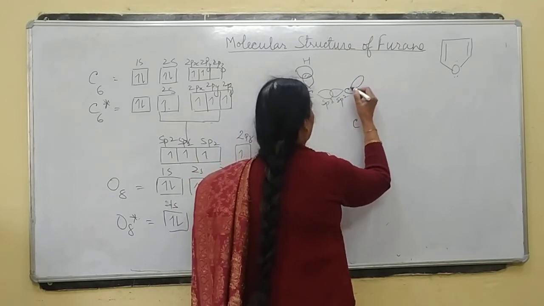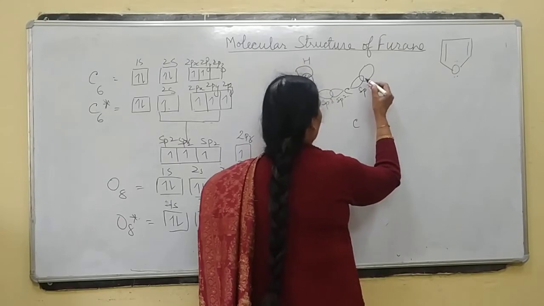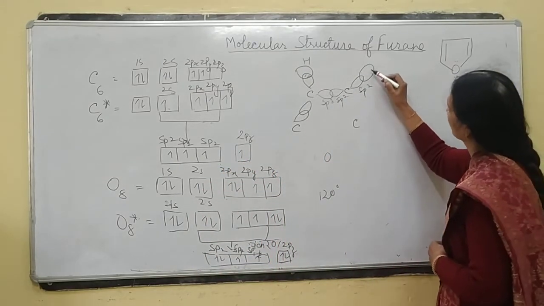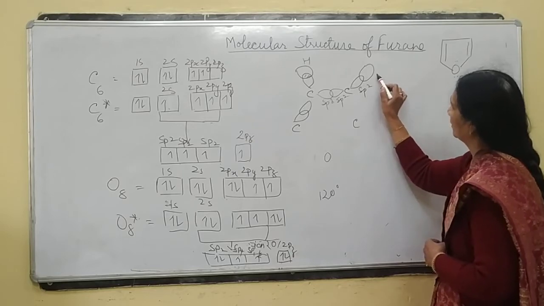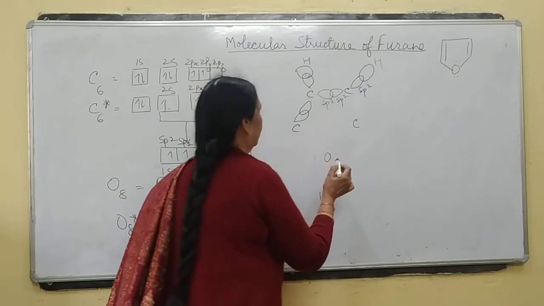Similarly, this sp2 hybrid orbital overlaps with the 1s orbital of a hydrogen atom.